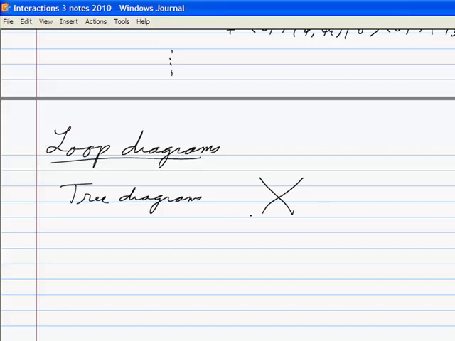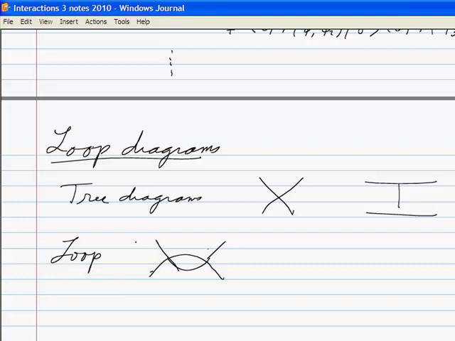Tree diagrams are ones like that or like this, where things branch out in various ways. A loop diagram would be something like this. Let's do it better. So this is the type of diagram that we'll calculate next.